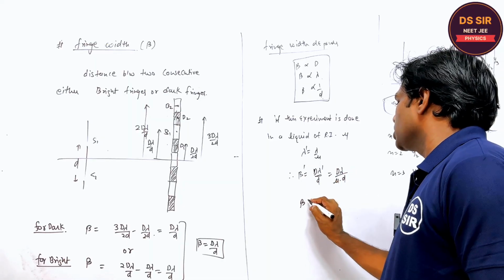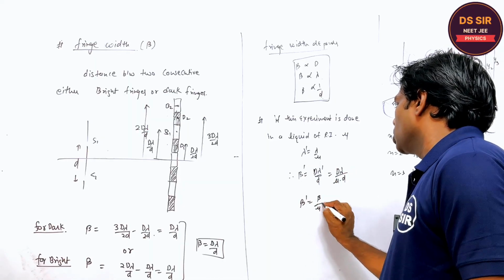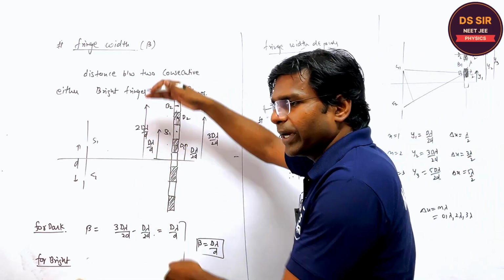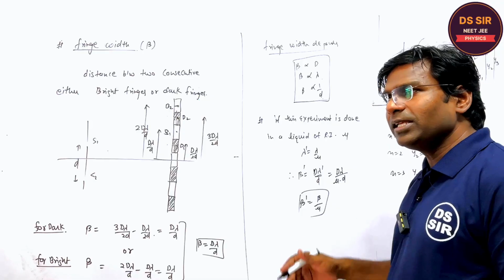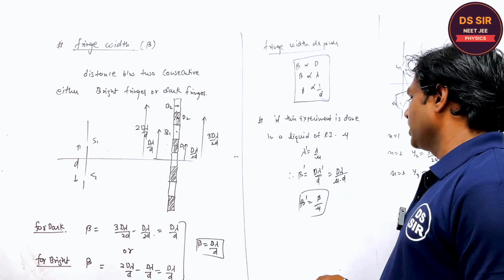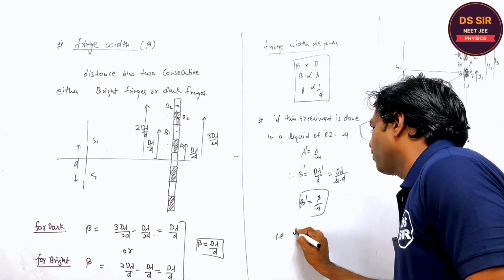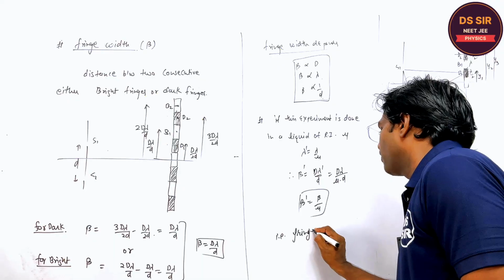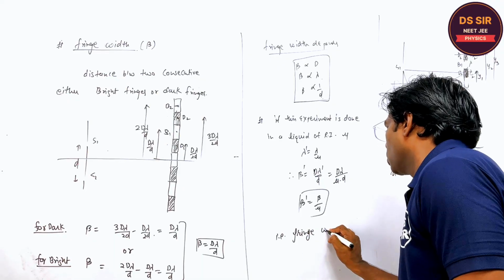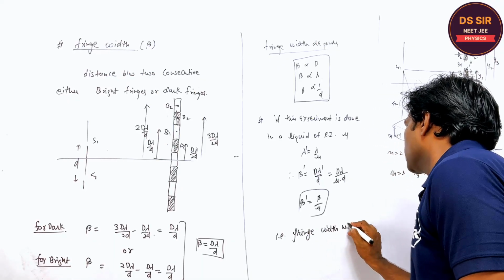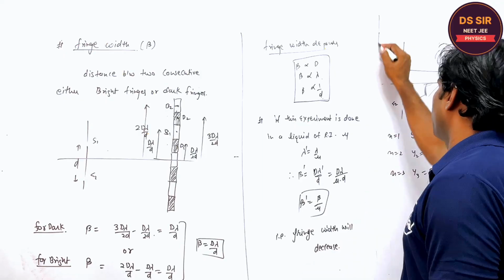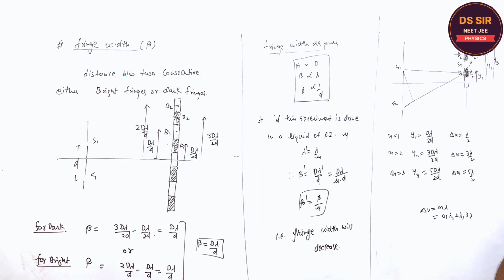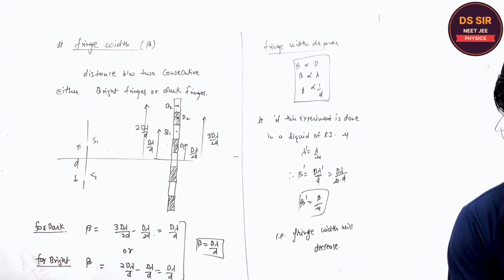So beta dash is equal to beta by mu. So if the whole experiment is kept in a liquid whose refractive index is mu, the fringe width will decrease. Is it clear or not? Copy this.